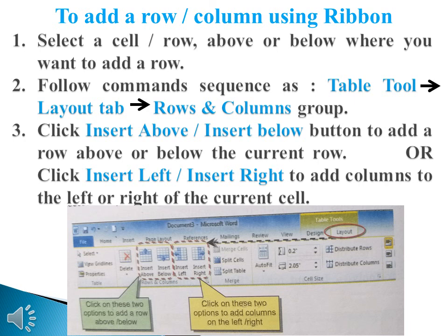Now see in the image also, here you have to click Insert Above or Insert Below to add a new row either above or below the current row, or you can click Insert Left or Insert Right to add columns to the left or right side of the current cell.